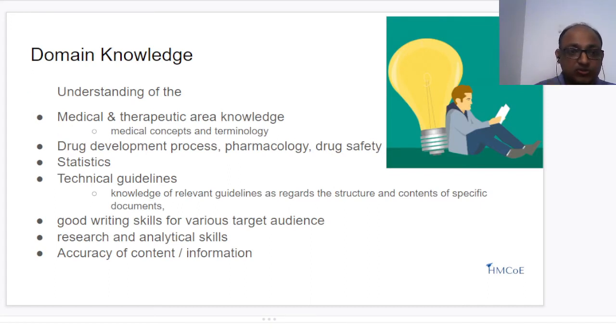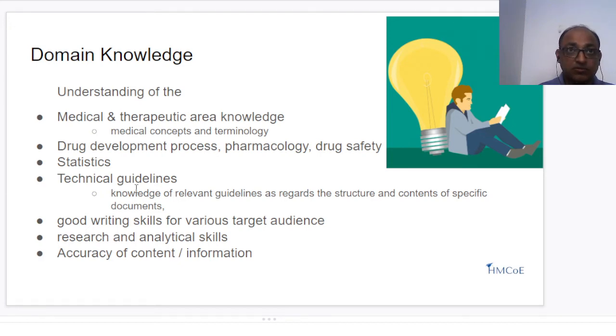For this, you will require a certain domain knowledge, so that you have a certain level of understanding about various aspects of particularly the medical or healthcare domain. It includes basically the medical concepts and terminology. You have to be aware of what the terms are, what the definitions are, and what those terms mean.